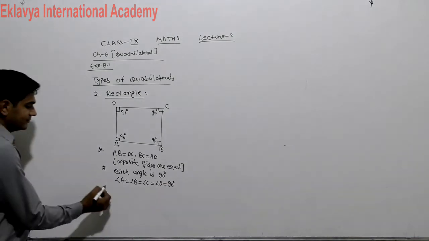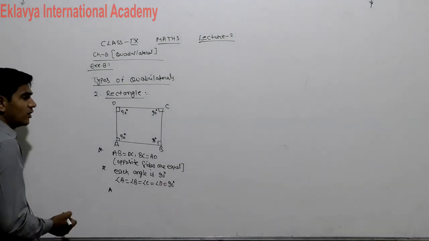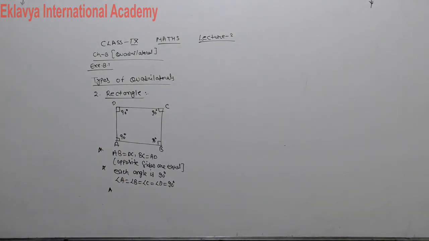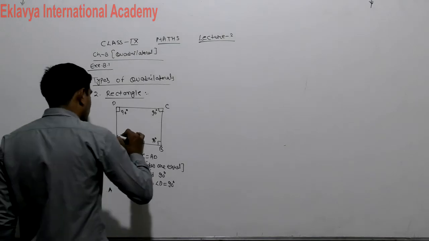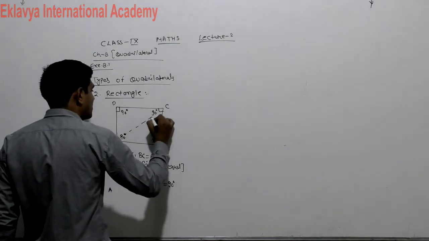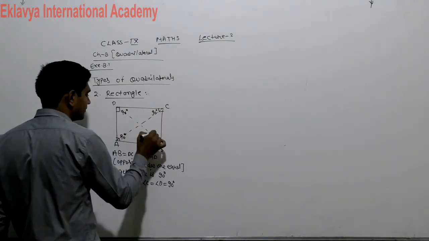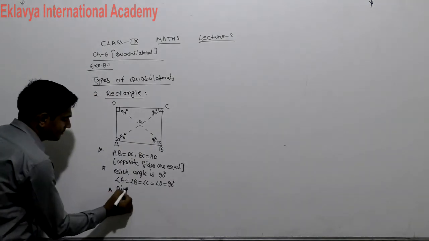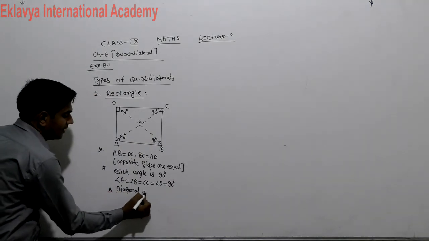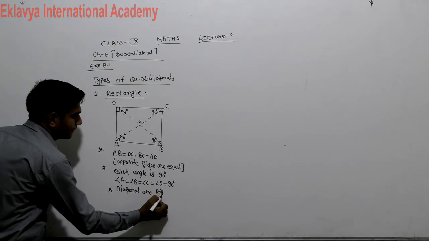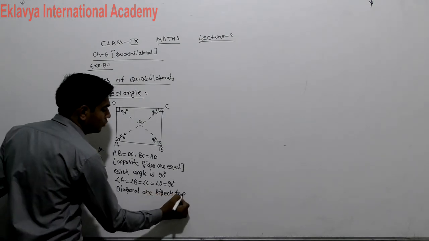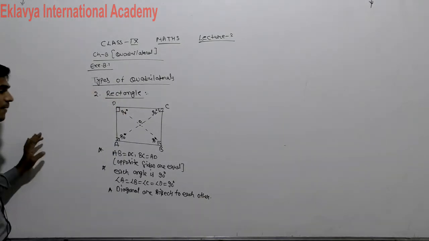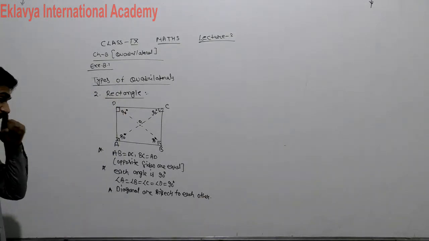Third one is that their opposite angles are also equal and the sum of two consecutive angles is also 180 degrees. Now if we are talking about the diagonals, the diagonals bisect each other, at how many degrees?